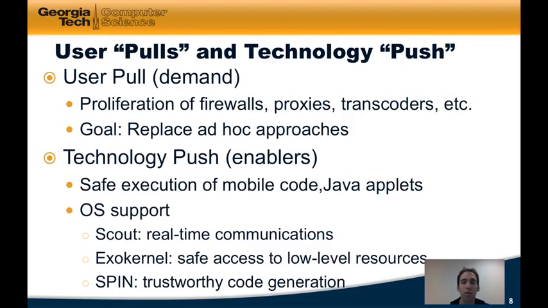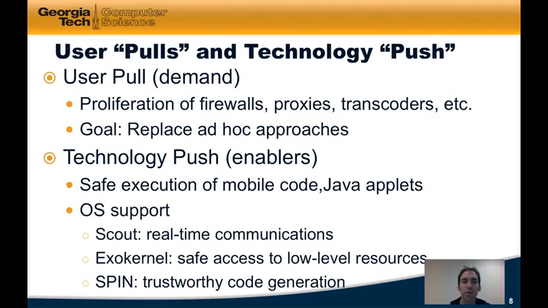On the flip side, we had technology push or enablers. There was a lot of research and technology being developed at the time in support of safe execution of mobile code. In particular, Java applets were emerging, and those provided the ability to develop portable code that could run in one place or another, and it allowed shipping code around, which was a very natural supporting technology for certain types of active networks.